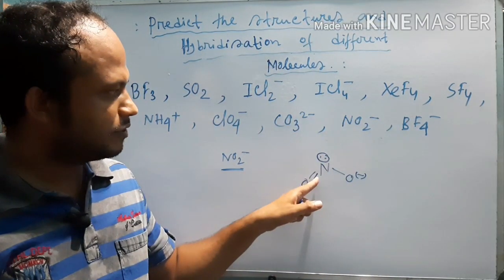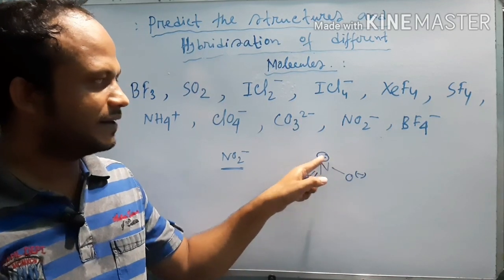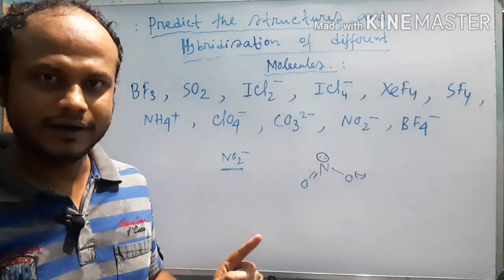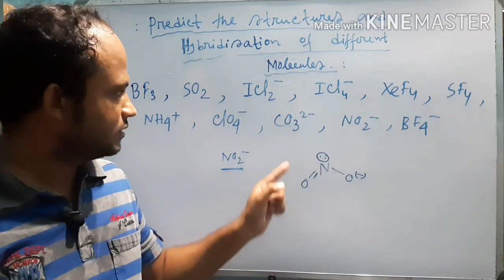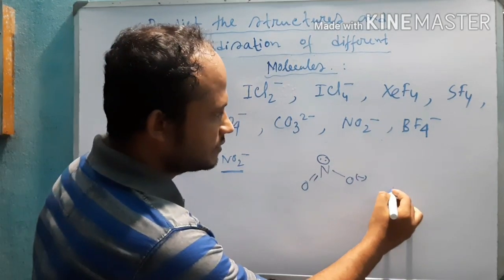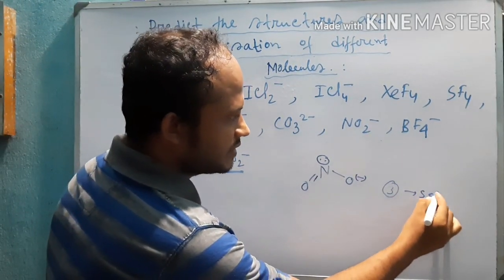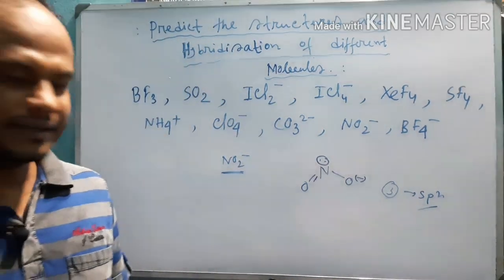Here the number of sigma bonds is 1, 2, and the number of lone pairs is 1. So the hybridization is 3, that is sp2. Clear?